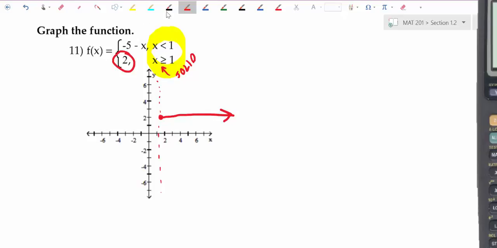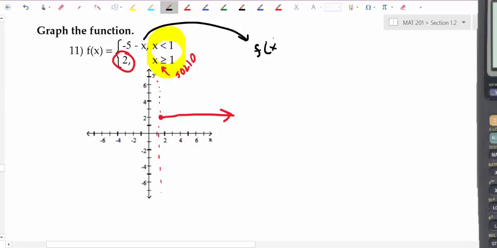The second piece is this part, which is really f of x or y equals negative 5 minus x. Okay, what is the significance of that negative 5? That's the y-intercept, isn't it? Okay, so you have a y-intercept of negative 5, so I'm going to put a dot there, like at negative 5, like that.